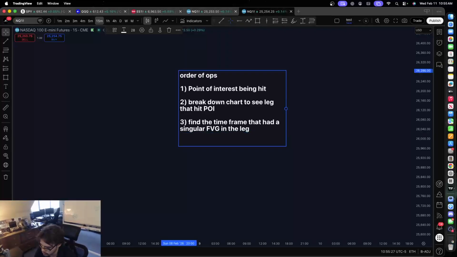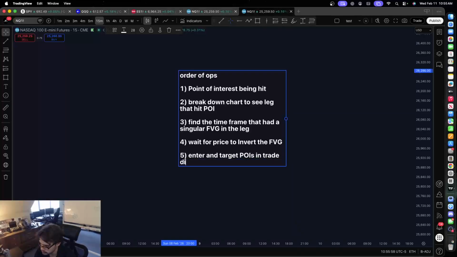Wait, step 4. Wait for price to invert the FVG. 5, enter and target opposing, whatever word you want to use, but target POIs in trade direction.